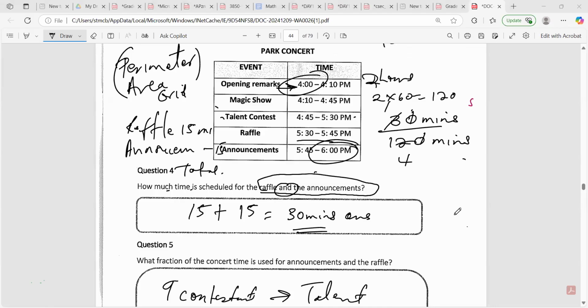Agree, Inmar. Good job. Correct, Ritika. Good job.